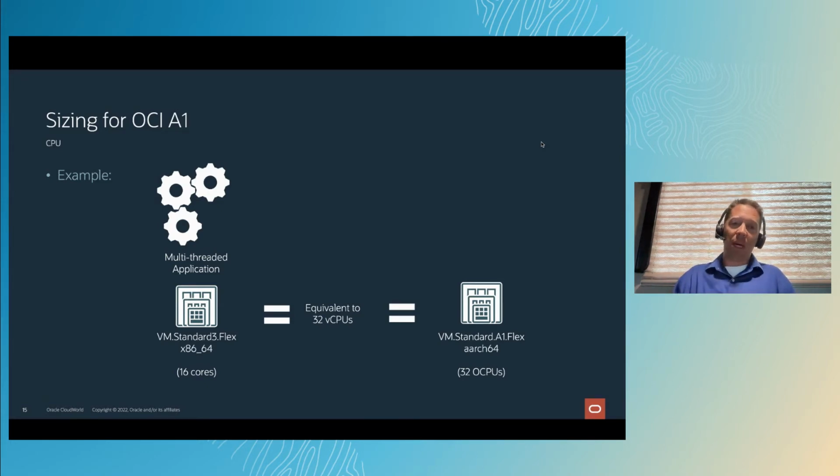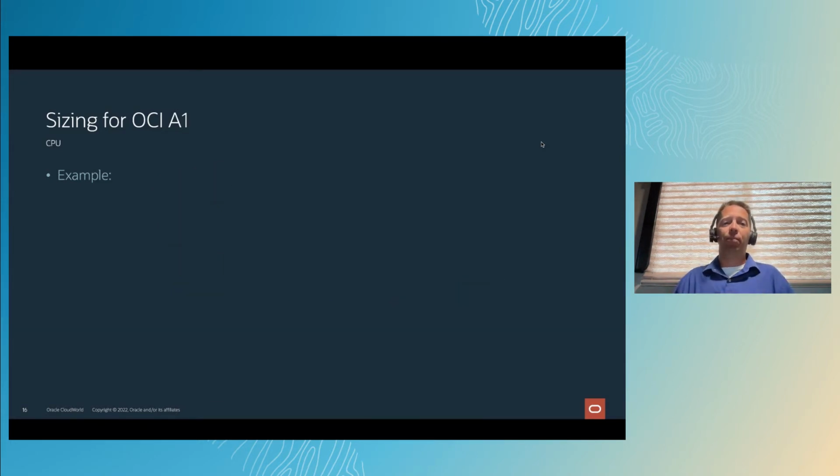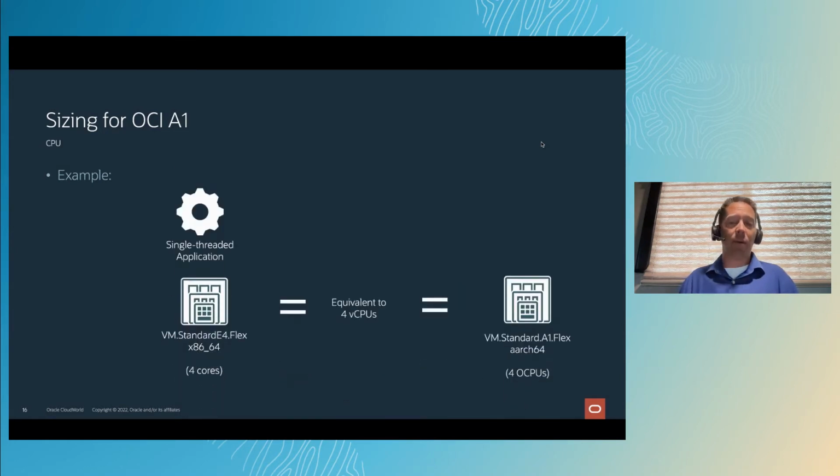So again, double because it's a multi-threaded application. Looking at another example, which is single-threaded, in this situation we have an application that's running on a VM.Standard.E4.Flex shape. That's again an x86 64 platform architecture, and it only has 4 cores allocated to it. I'd start testing around 4 OCPUs on an A1 shape. That would render a good starting point, reference point for that particular application.